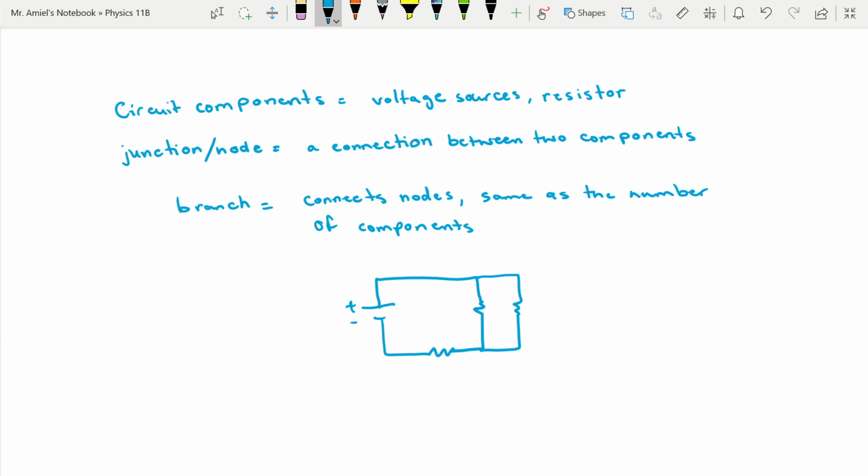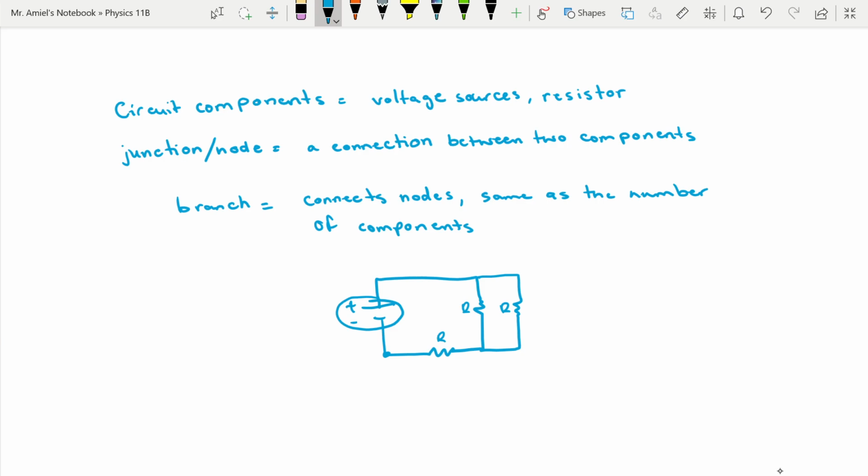So a junction is going to be a connection between any two components. Our voltage source here is one component. Then we have a resistor, that's another component, a resistor, and a resistor. These are all components. So here we have a junction, a connection between these two components.